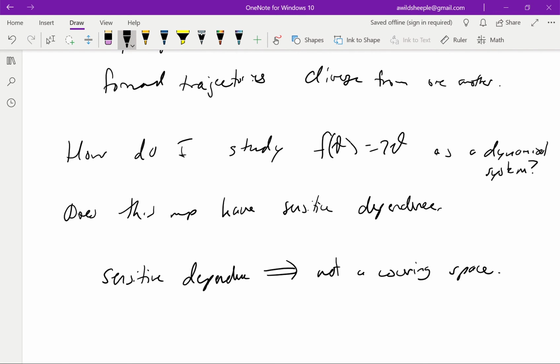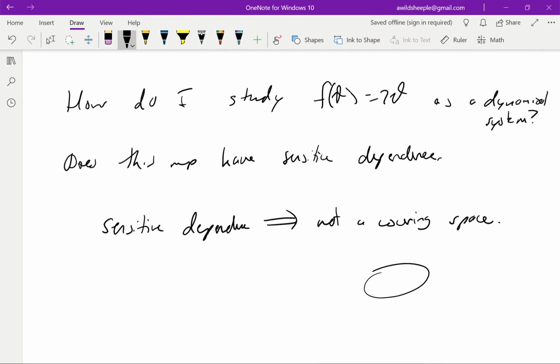And the reason is because if I'm looking at my circle, then the definition of a covering space says that if I take any point, there exists some small neighborhood around that point for which the pre-image under the covering map just looks like a copy of that arc.